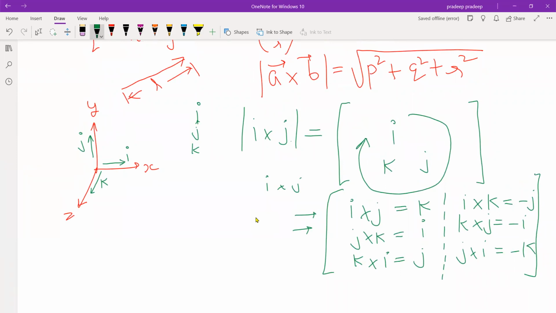Once you're done with this, tell me if you can tell me this value. What will be the magnitude of i cross j? Because this is what I started the topic with. What is the magnitude of i cross j?